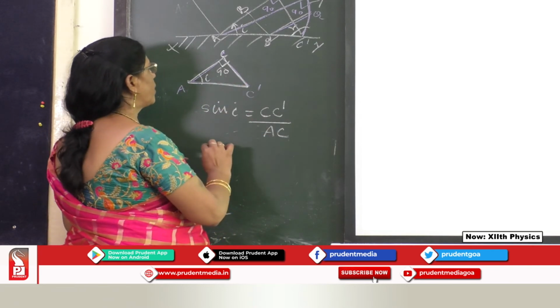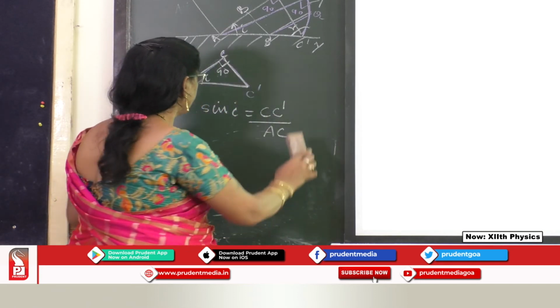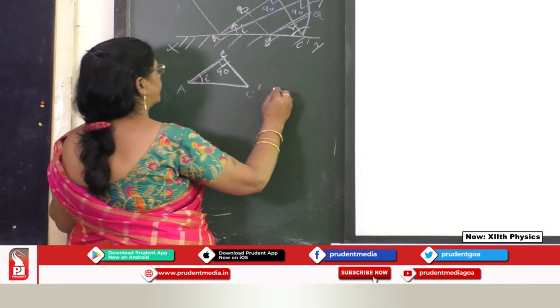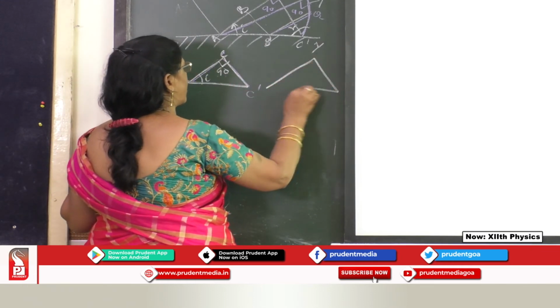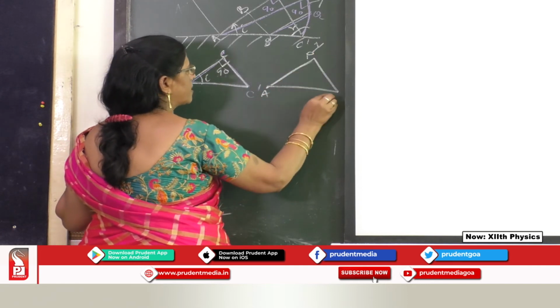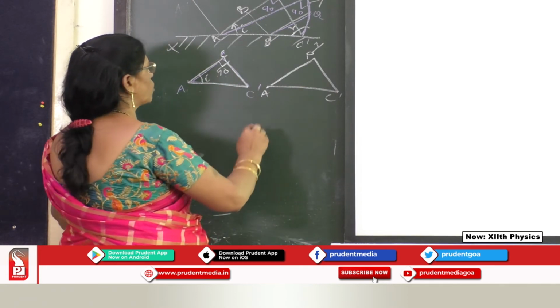I will come to this sine I a little later. Before that, I will tell you about the two different triangles. This other triangle is APC dash. So, these are the two triangles we have.